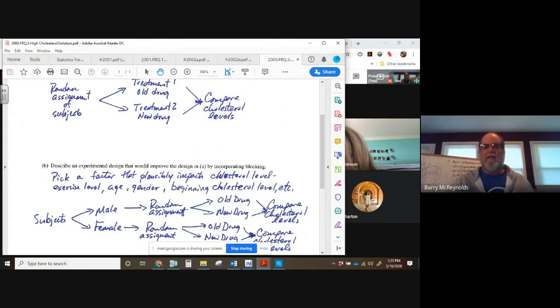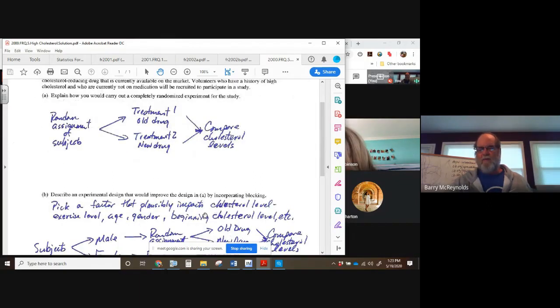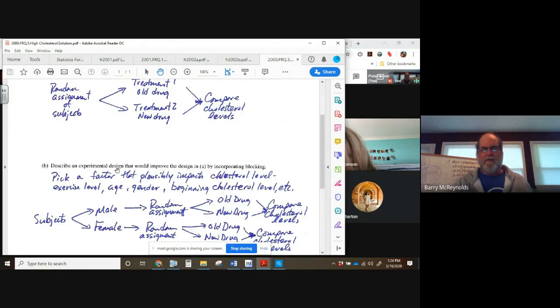And honestly, since the problem statement says that they already had a history of high cholesterol, you could pick a cholesterol level and put lower level subjects in one group and higher level subjects in another group. It doesn't really matter. The question isn't designed so that you pick a certain factor to separate the subjects by, but one that is simply plausible.